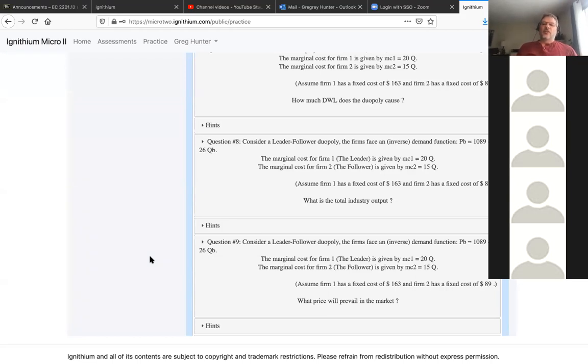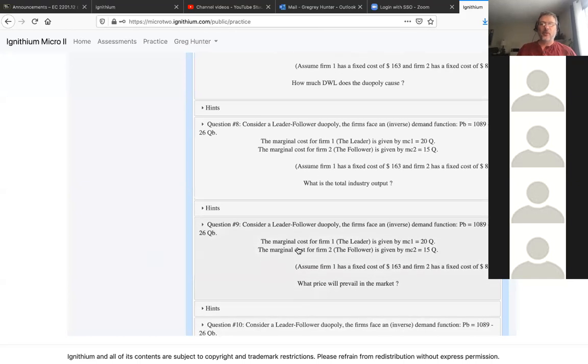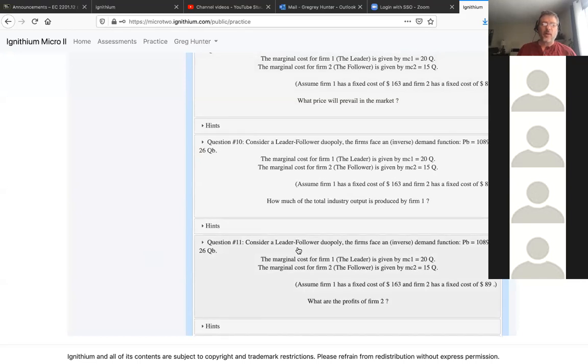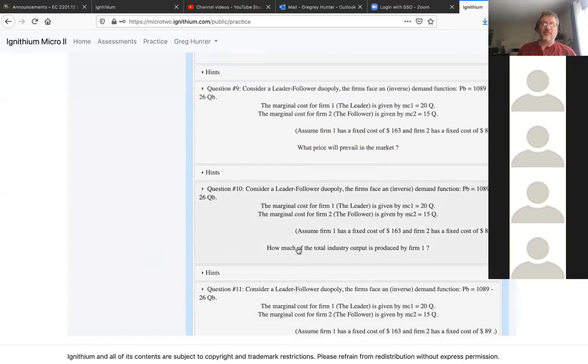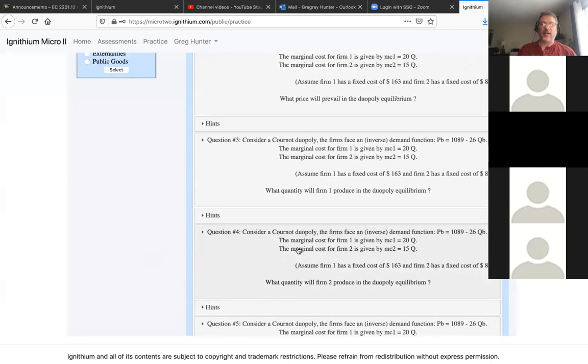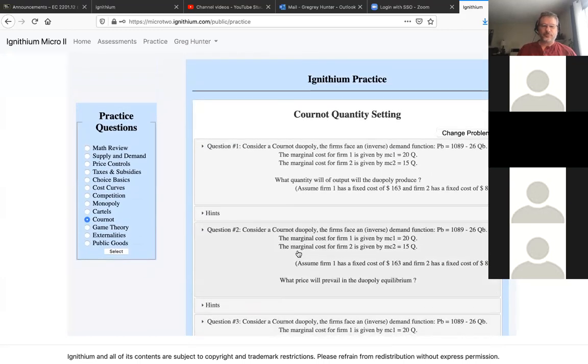Okay, so let's go ahead and go back to solving problems. I think probably the best way to finish off this material is to do the Cournot model example, and then do the leader-follower model.